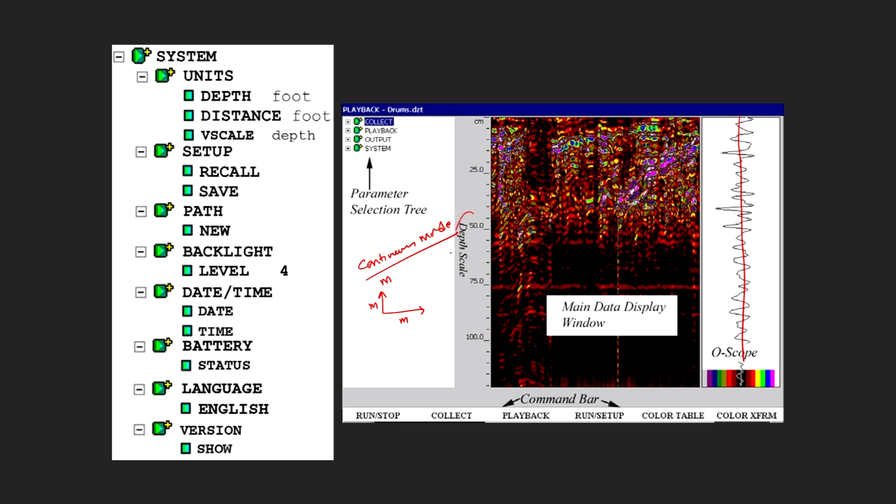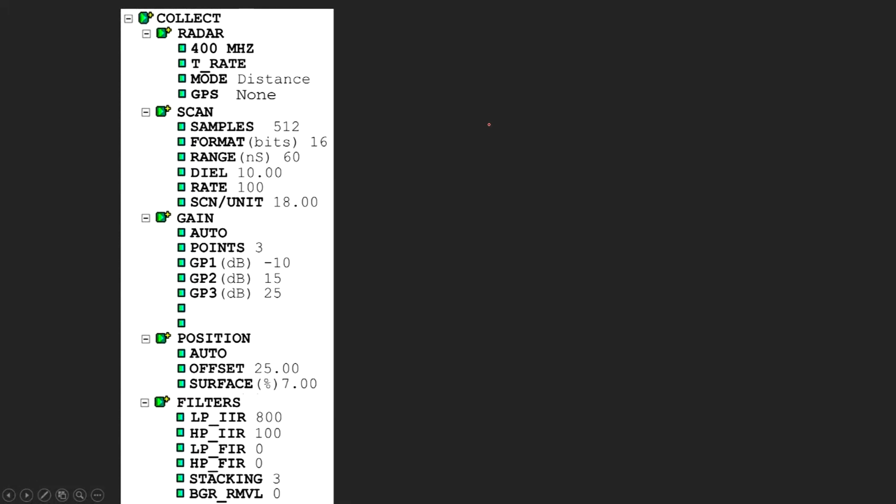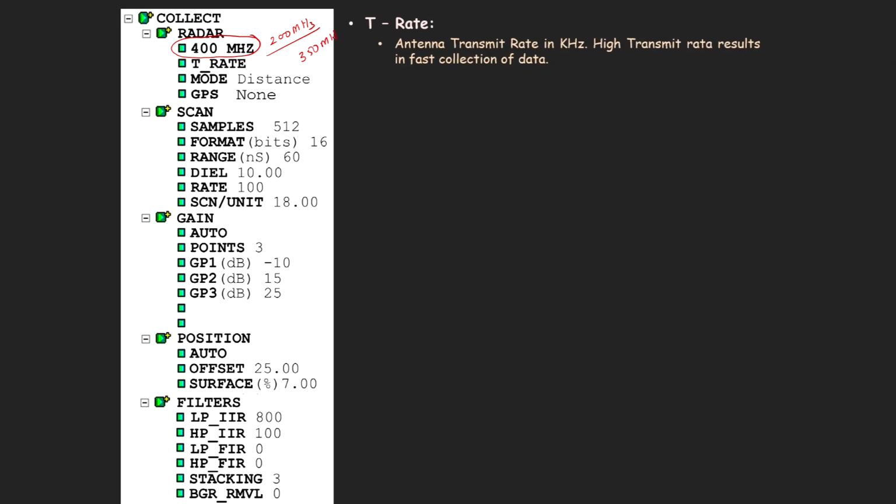This is what we call the depth scale. If you want, it can be in centimeters, but mostly we take it in meters. Now the first thing we have to be careful about is the frequency range you are using. Here it is 400 megahertz, or maybe you can use a 200 megahertz antenna, and another system we have is with a 350 megahertz antenna.